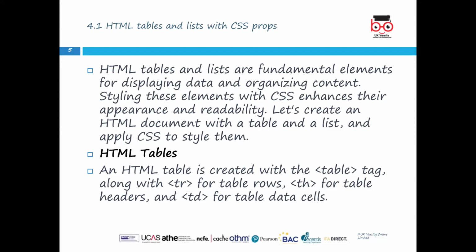As we can see, tables and lists are fundamental elements for displaying data and organizing content. So it is really good to have a good graphic. So with a good CSS and an enhanced approach to CSS, we can now design our tables and lists. Lists could be found when we're creating, for instance, a navigation bar, or maybe we want to create a slide.